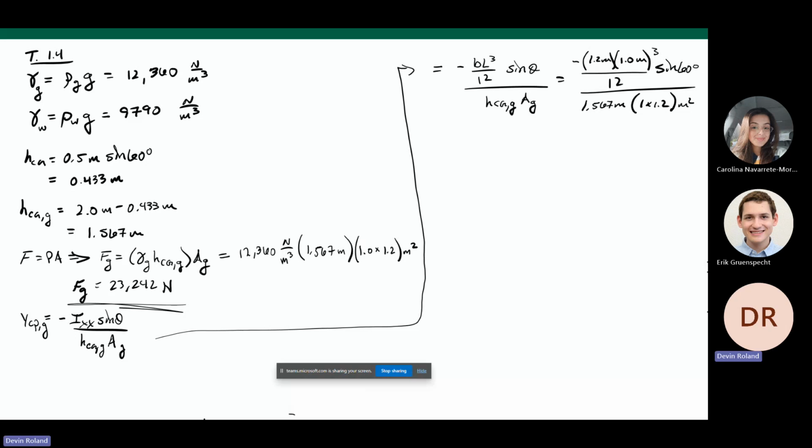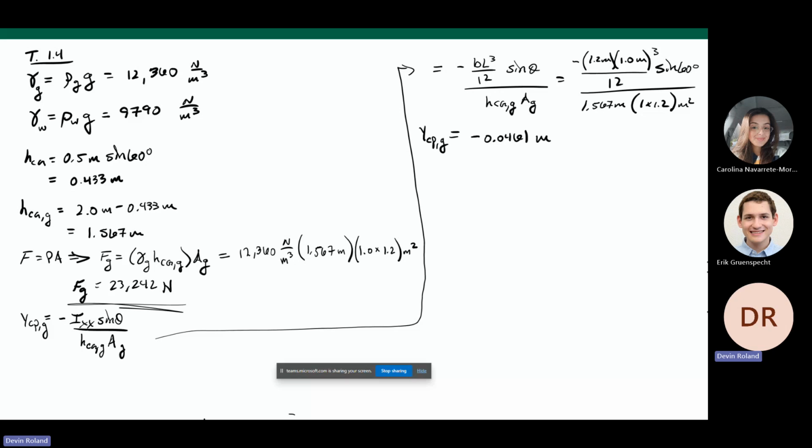And when you calculate that whole thing, that value is negative 0.0461 meters. That's your YCP glycerin. Just to review, that's saying that the center of pressure is 0.0461 meters below the center of gravity.